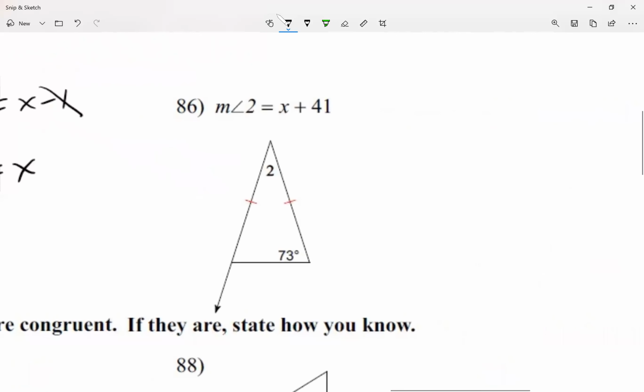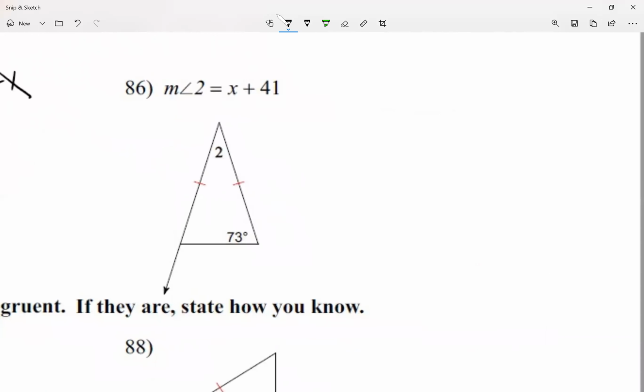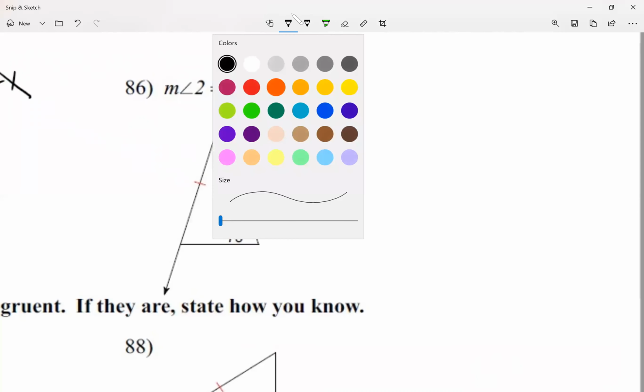Now let's take a look at number 86. Now here, to begin with, instead of a 2, I'm going to write this as x plus 41, because I was told the measurement of angle 2 is x plus 41. As a matter of fact, in order for this to fit well, let me write it at the side. I'm going to say x plus 41 is this angle right here. Okay, now here, take a look.